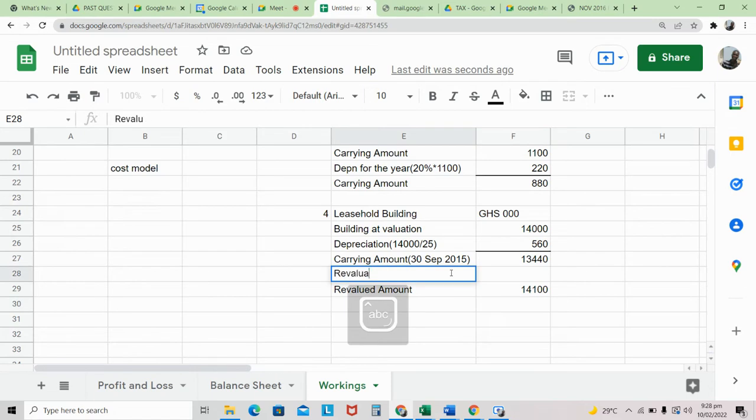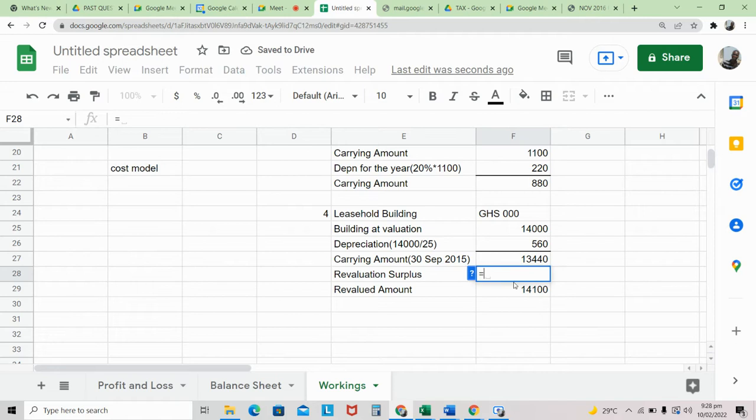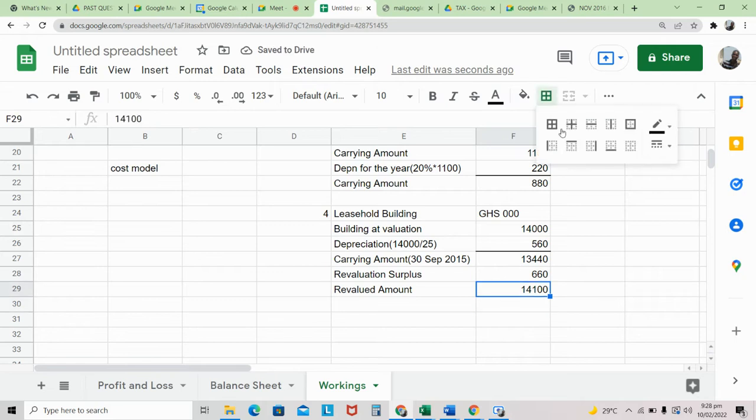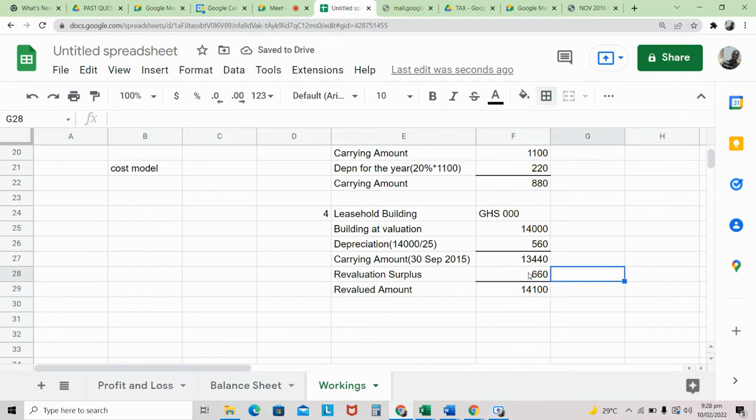The revaluation surplus is the difference between these two figures, so this minus this will give you the revaluation surplus. The revaluation surplus will go to the balance sheet. So you have to note this very well.